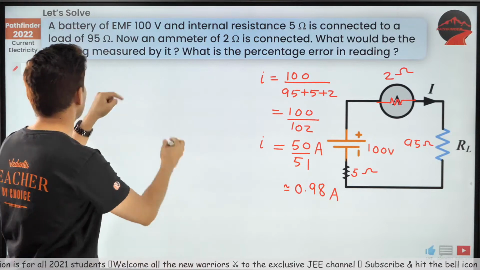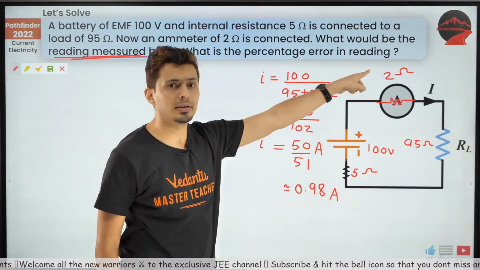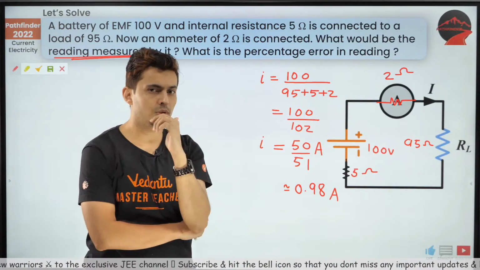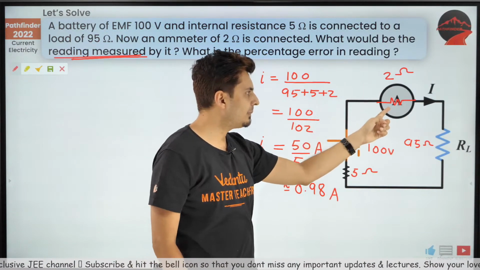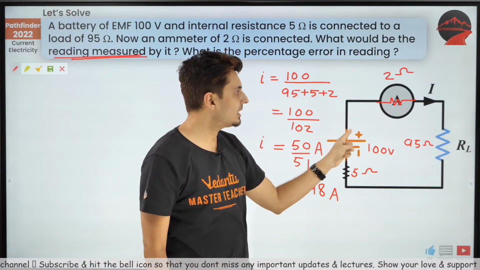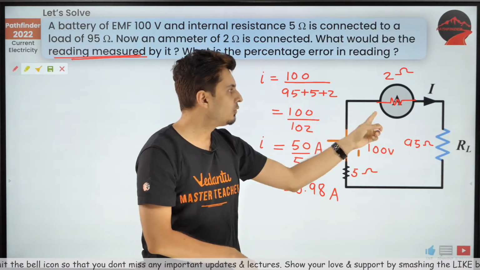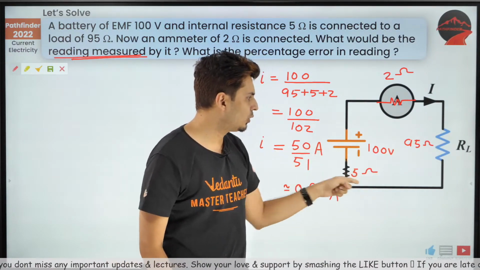Now, this is the reading measured. This job is done. Now, this question is weird. It says, what is the percentage error in the reading? Guys, I have a question for you. Don't you think this ammeter has actually changed the actual current in the circuit? Because think about it. Without the ammeter, there would be some current flowing in it.